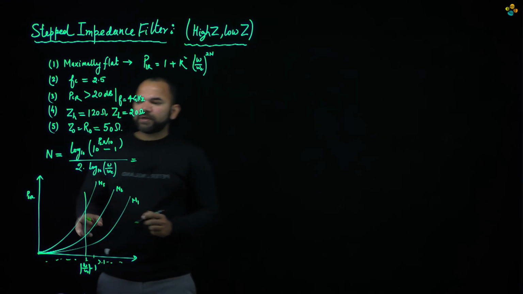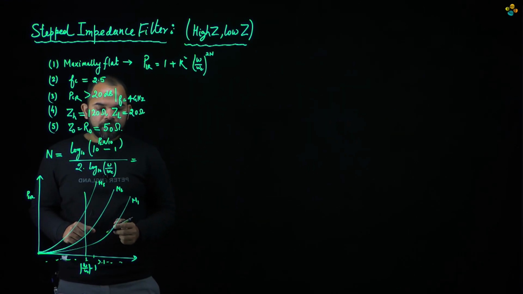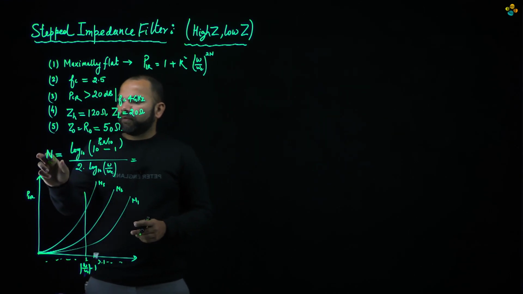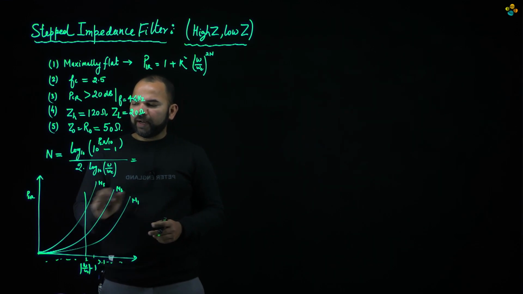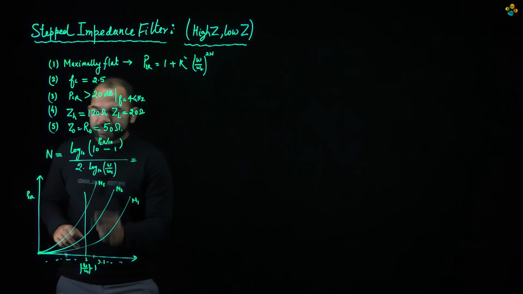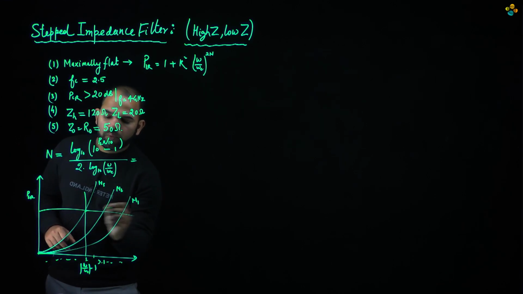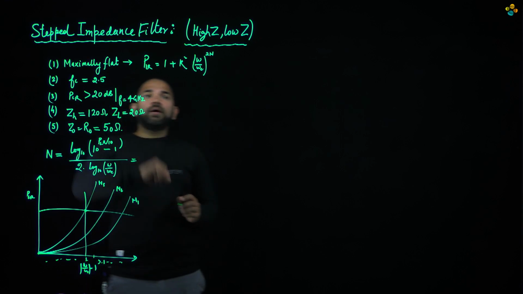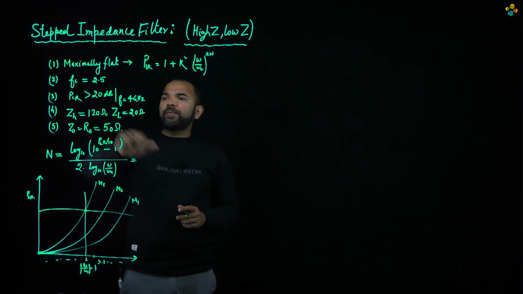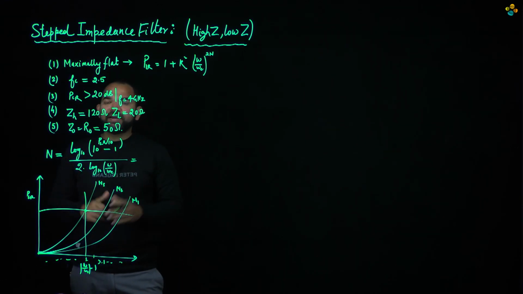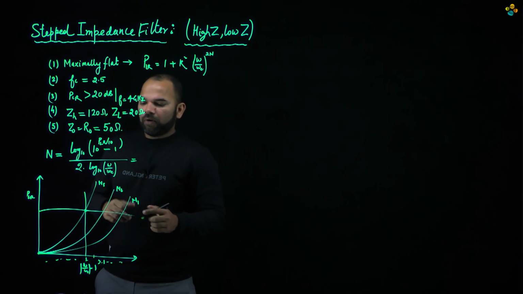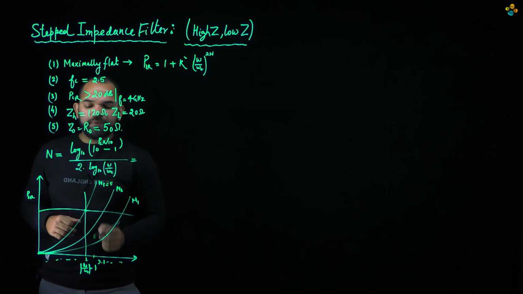If we closely observe for this case, we find that when we take the filter order as 5, we are exactly at the point where we are meeting the requirement of 20 dB. So we are exactly at 20 dB when the filter order equals 5.